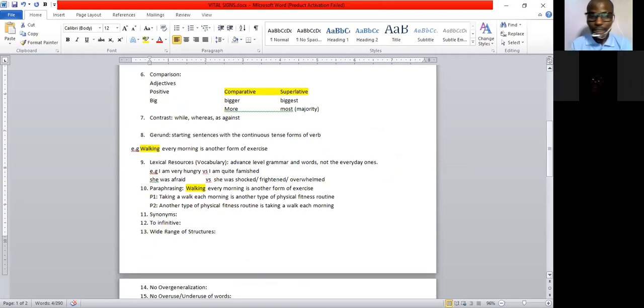So it is very, very important to use synonyms. We can do some synonym study, but it should be done on a daily basis.